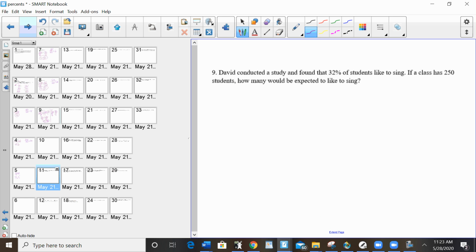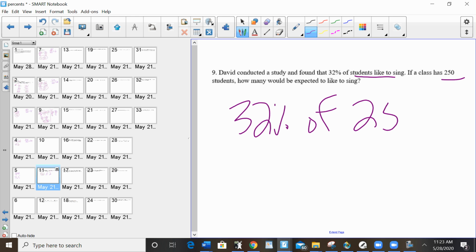So we're going to skip ahead to number 9. This is just kind of a word problem version of what we just did. David conducted a study and found that 32% of students like to sing. If a class has 250 students, how many would be expected to like to sing? So 32% of the students like to sing. There's 250 students. So I'm finding 32% of 250.